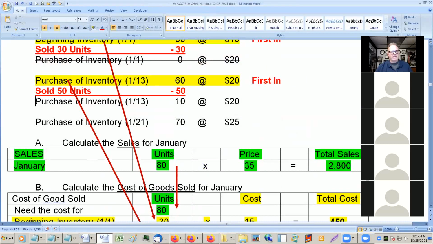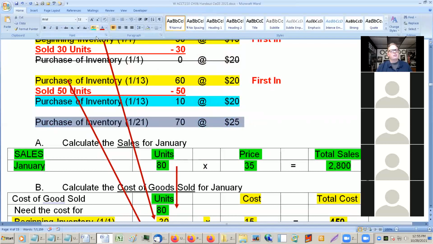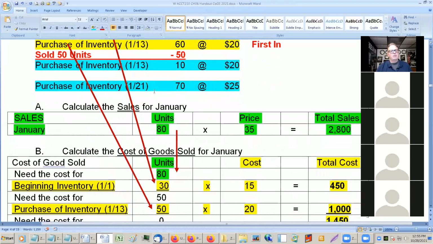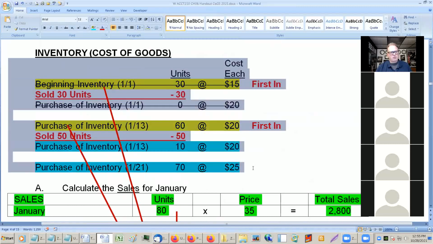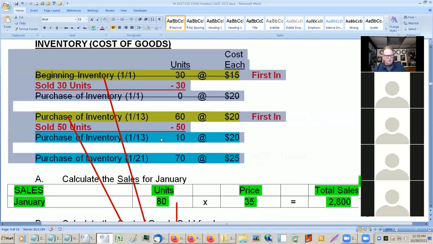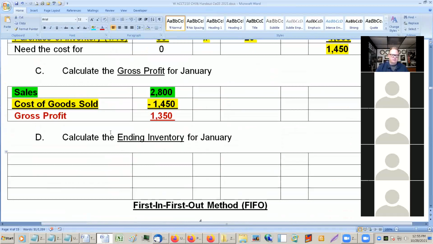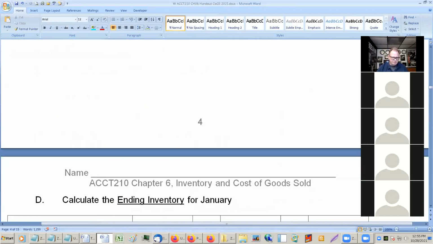This one, we still have these left. So we still have this left, and this left. Do the ending inventory, and I am going to cheat and move this down here just so it's on the same screen.